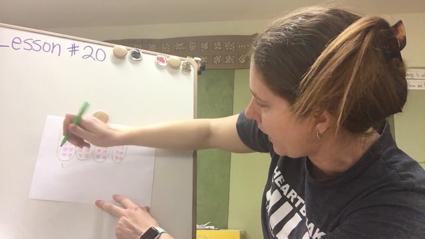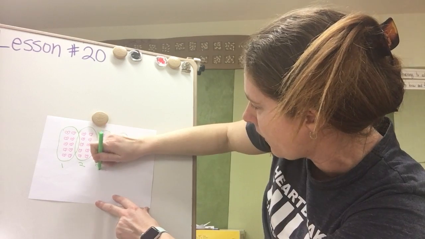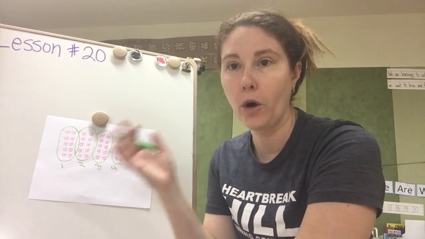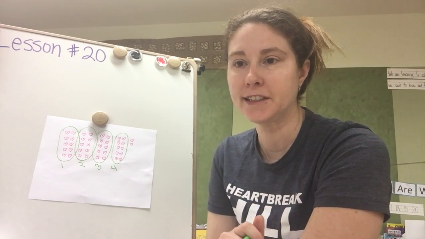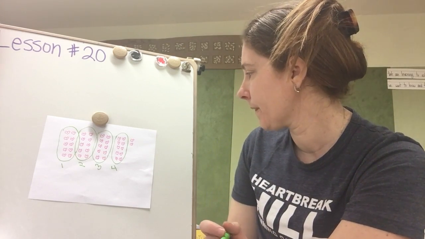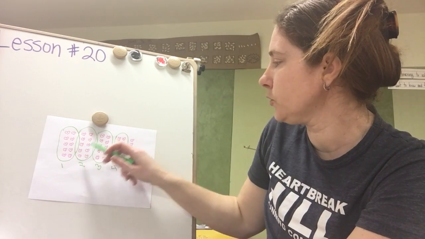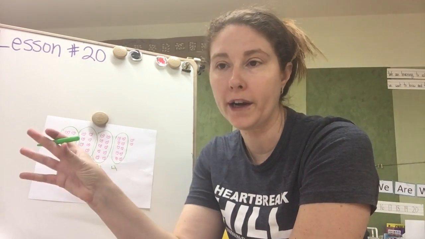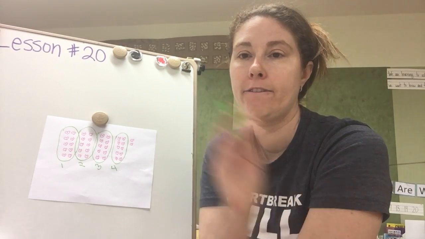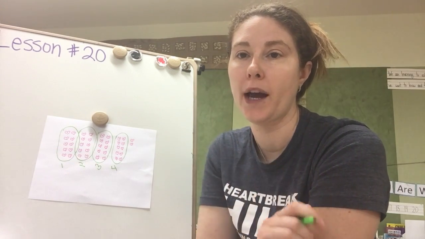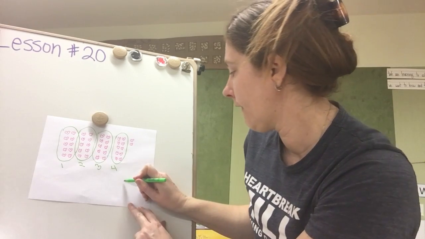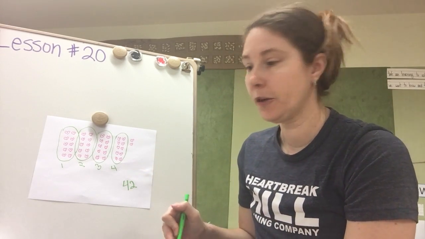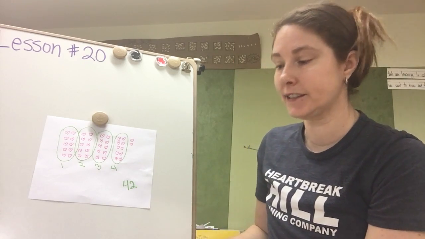We have 1, 2, 3, 4 groups of 10s. 4 10s. What's 4 10s make? 40. So then we have 10, 20, 30, 40, and 2 1s. So what's 40 and 2 make? 4 10s and 2 1s is 42.